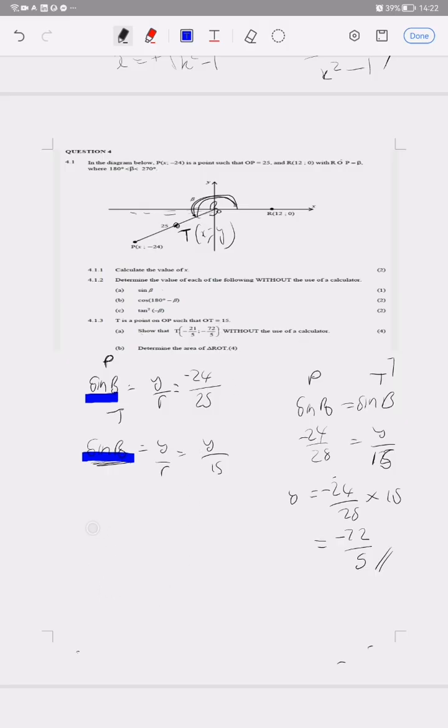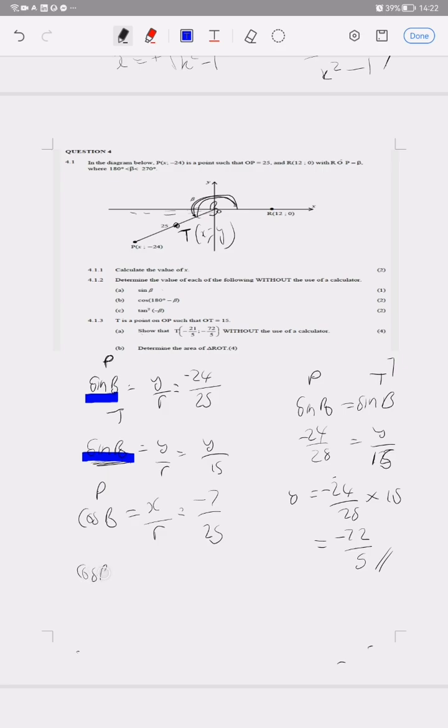Then we come to cos now. Cos beta P is what? It is an x over an r. What is the x here? I think we got negative 7 over 25.